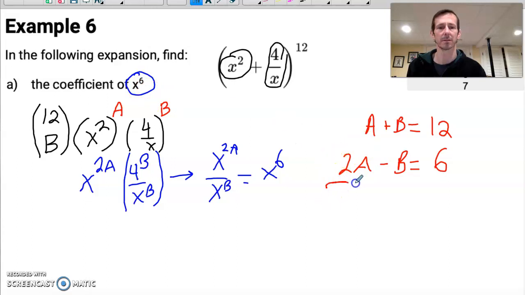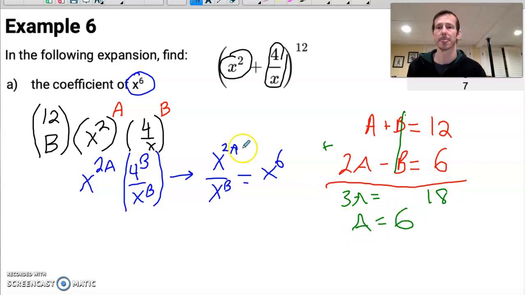And now I have a system that's quite nice as it is, because I've got a plus b and 2a minus b. So if I just add these two equations together, the b's cancel. I get 3a equals 18. So I now know a is equal to 6, and that means this would be a 6 up here.